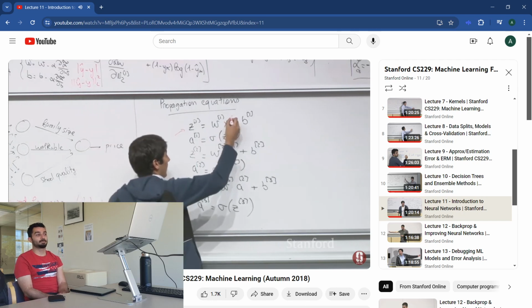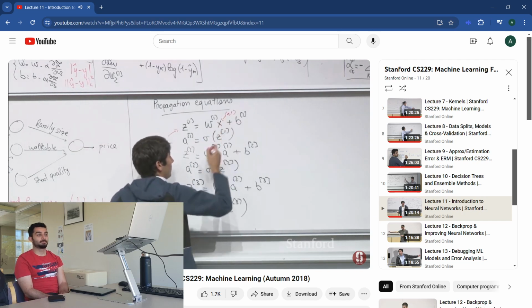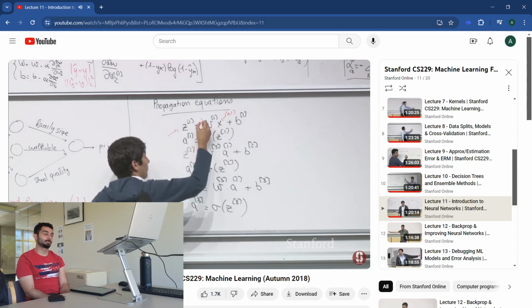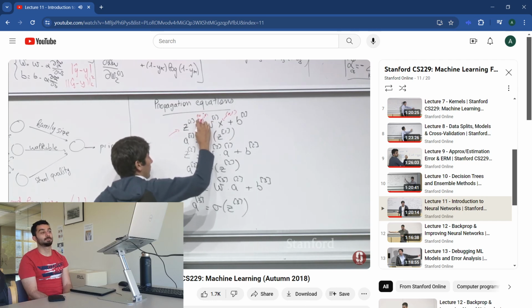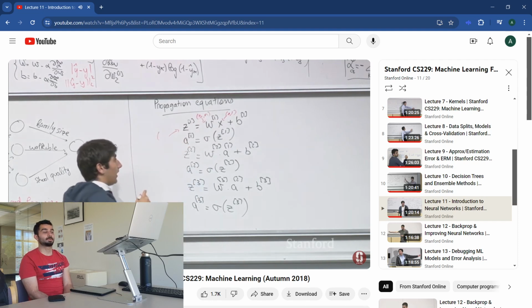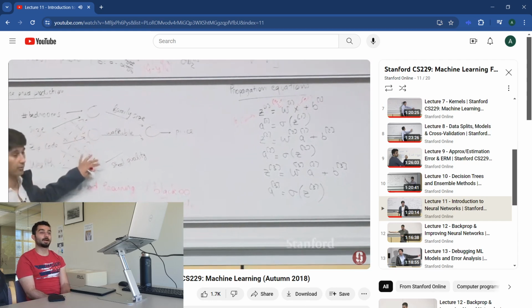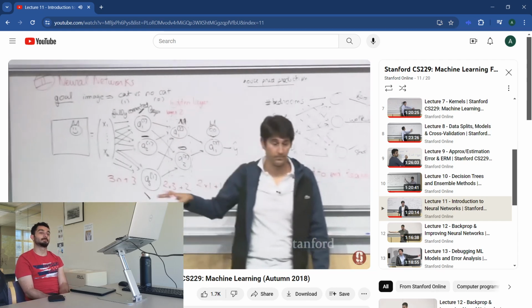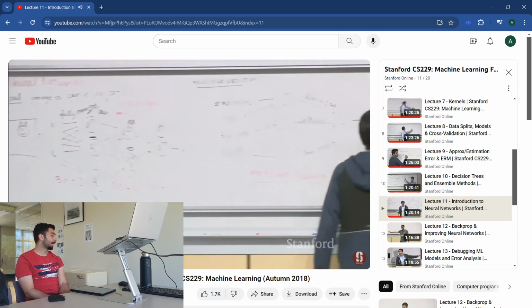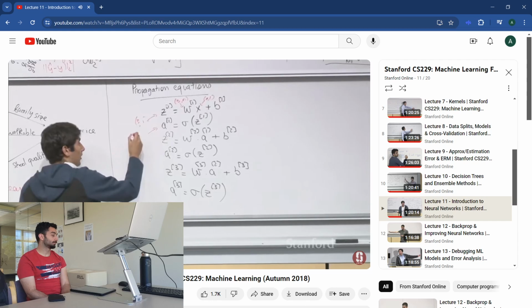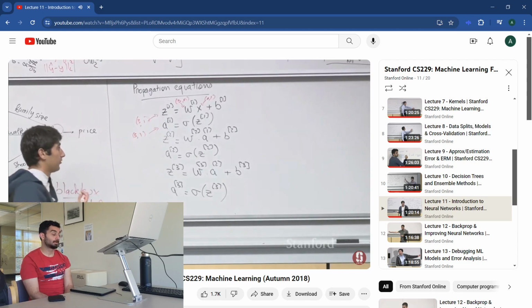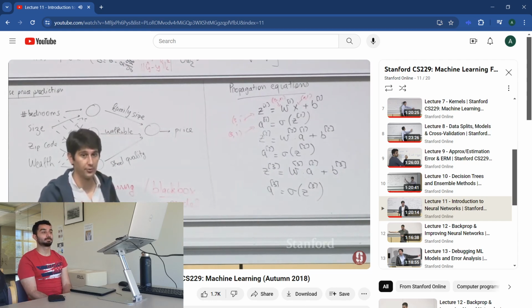Z1 is going to be X, which is n by 1, times W, which has to be 3 by n, because it connects 3 neurons to the input. So this Z has to be 3 by 1. And it makes sense, because we have 3 neurons. Now let's go deeper. A1 is just the sigmoid of Z1, so it doesn't change the shape. It keeps the 3 by 1.